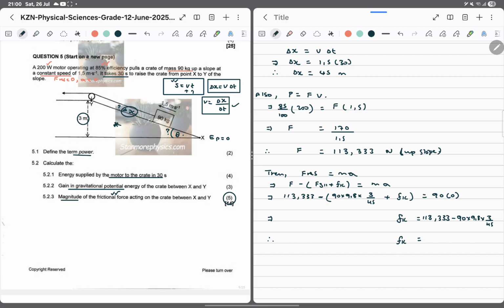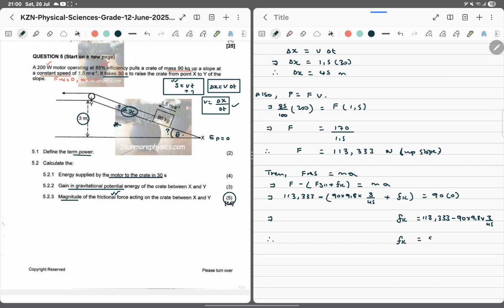Therefore, the frictional force is going to be minus 90 into 9,8 times 3 divided by 45.